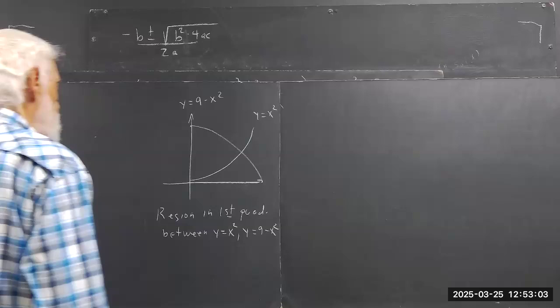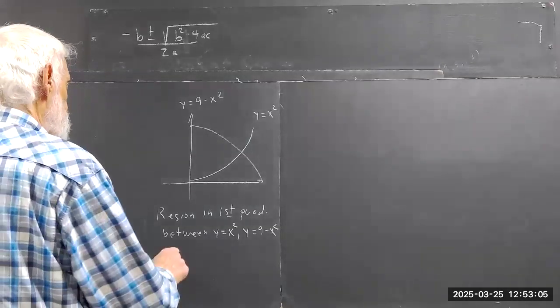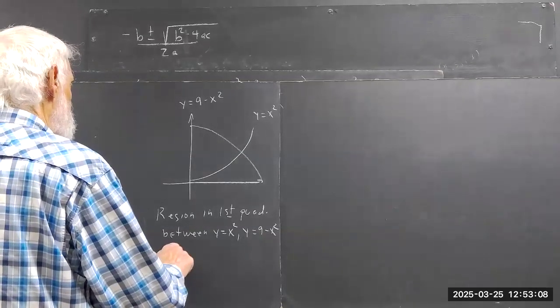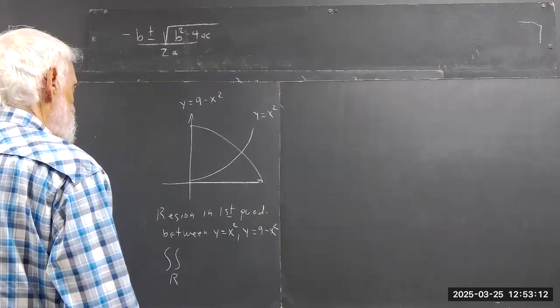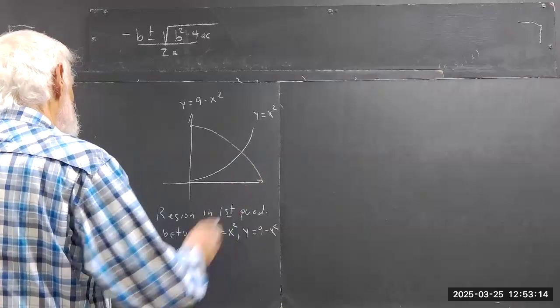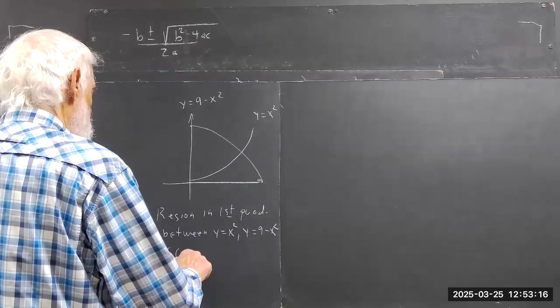Y equals x squared and y equals 9 minus x squared. We want to do a double integral over this region of whatever function you like.